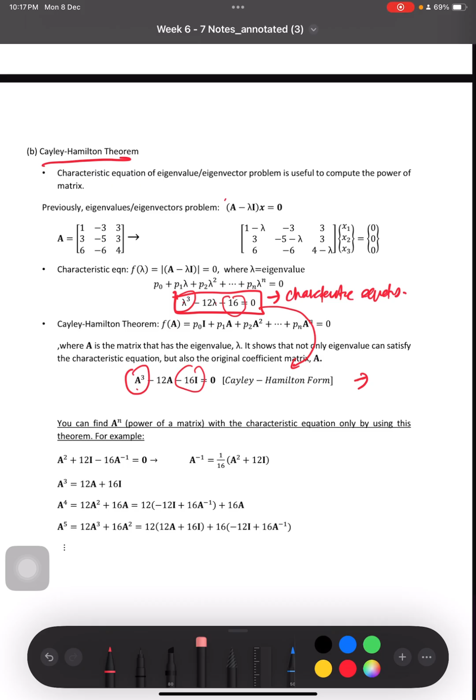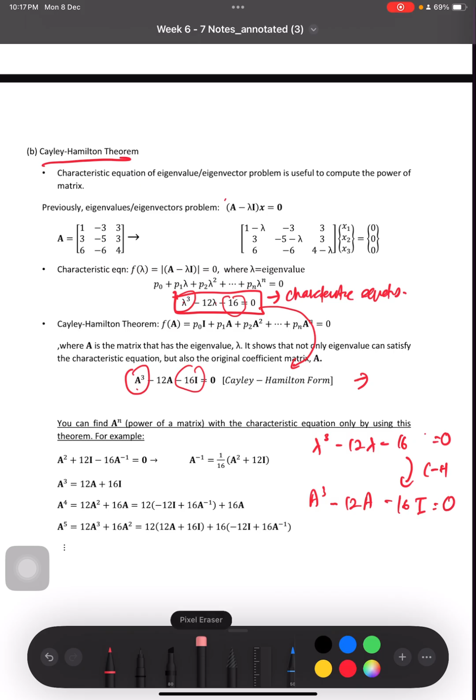Let me rewrite here: lambda to the power of 3 minus 12 lambda minus 16 equals 0. Cayley-Hamilton says you can transform it to become a matrix, so it becomes A to the power of 3 minus 12A minus 16I. There's no lambda here, so the constant is multiplied by I.